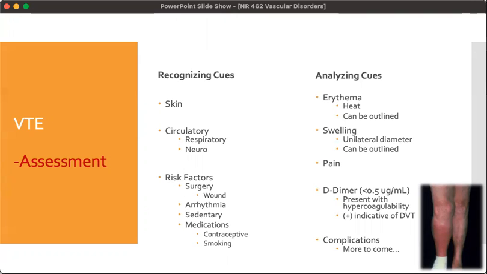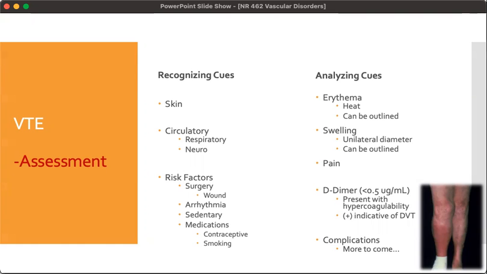Arrhythmias, like cardiac arrhythmias, so abnormal heartbeats. Particularly, there's one arrhythmia that is at very high risk for blood clots, and that is atrial fibrillation. Because when the atria is fibrillating, it's not fully contracting, so there's blood that pools in the atria, and pooling blood, high risk for clotting blood.